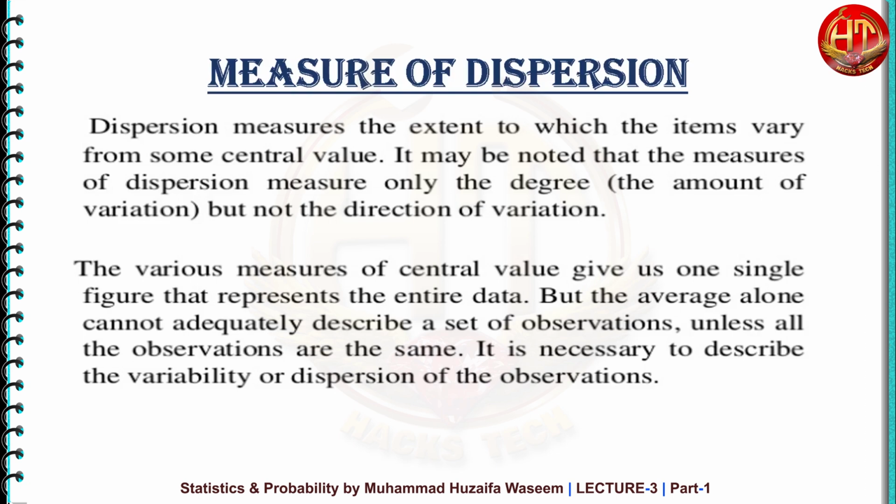Actually, the techniques that are used to measure the extent of variation or the deviation of each value in the data set from a measure of central tendency, usually the mean or median, are called measures of dispersion or variation.